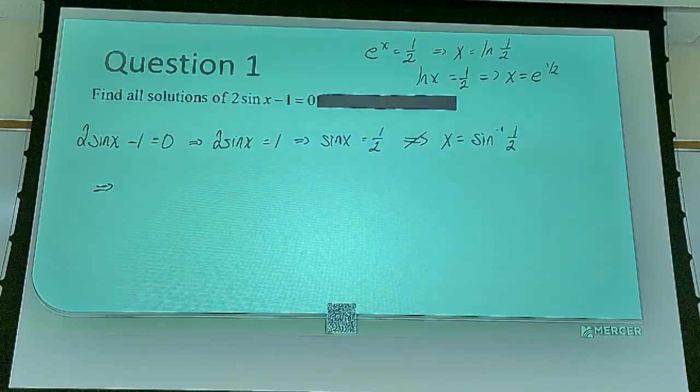What angle has a terminal point on the unit circle with a y coordinate of 1/2? And there are 2 angles on the unit circle: pi over 6 and 5 pi over 6. But also, all of their coterminal angles are solutions as well, right?